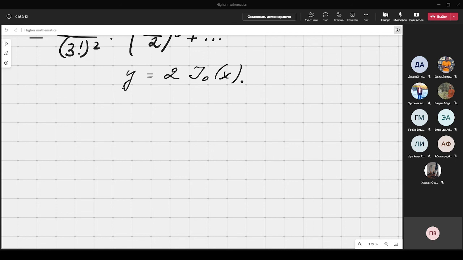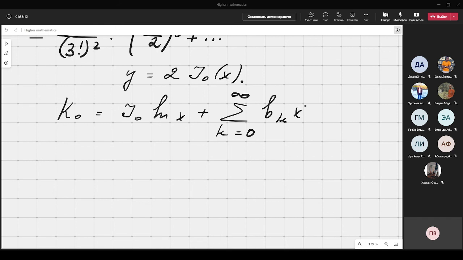We will have to find the general integral of this given equation. We seek the second particular solution in the form K_0 equals J_0 times natural logarithm of x plus the sum over k from 0 to infinity of b_k times x to the power of k.